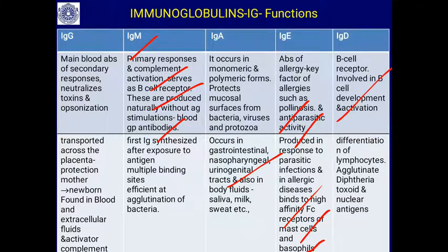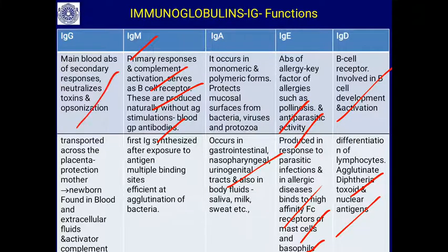IgD functions as the B cell receptor and has a role in B cell development, differentiation and activation, and it agglutinates diphtheria toxoids and nuclear antigens. So these are the functions of IgD.